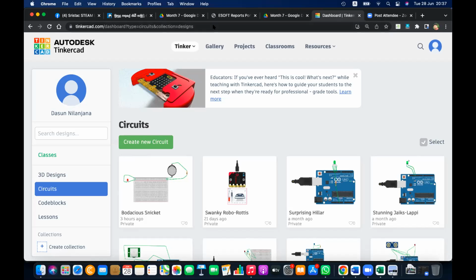Okay, everybody, all of you log in, or do you have any difficulty? If you have any difficulty, tell me, then I can help you. Nadun, okay, Gavrika, Ashen. If you're not okay, tell me. Avisha. Okay, sir. Right. Then go to create new circuits.